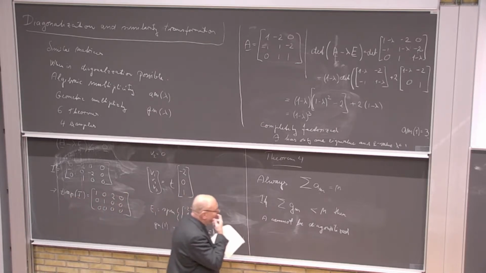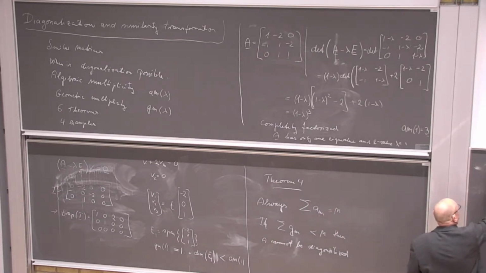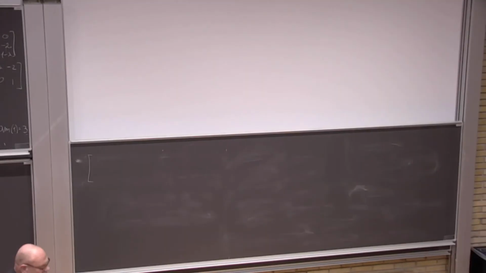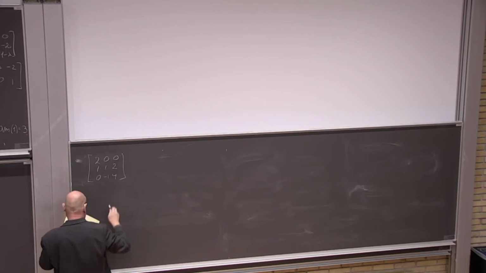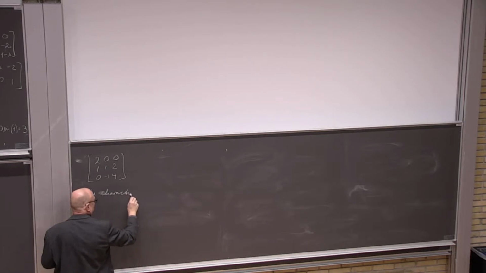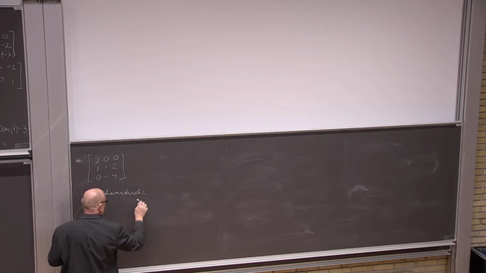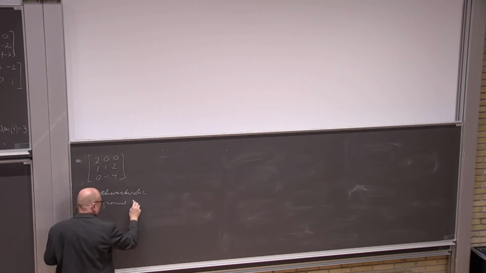Now, let's look at yet another example. You have here the matrix with rows 2, 0, 0, 1, 1, 2, 4, and in this case the characteristic polynomial is given.